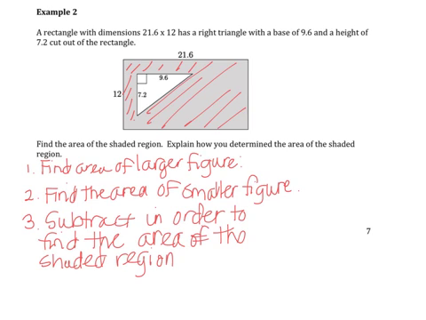So in following this list of steps, what I have here in terms of a diagram, my larger figure is the rectangle. I'm going to find the area and subtract the area of the smaller figure, the triangle, and then I'll get the area of the shaded region.